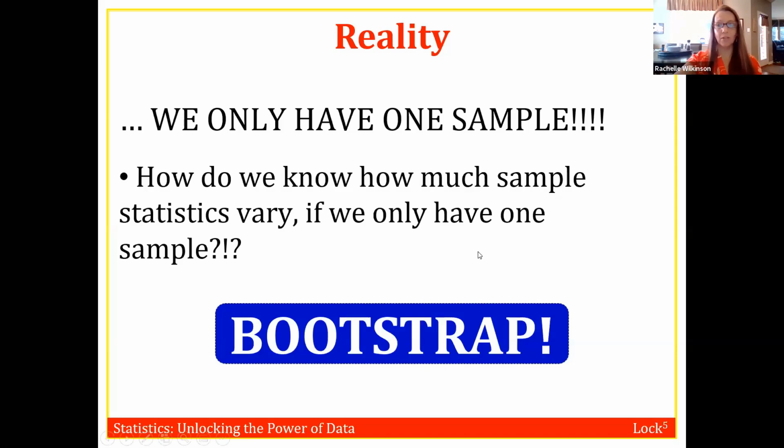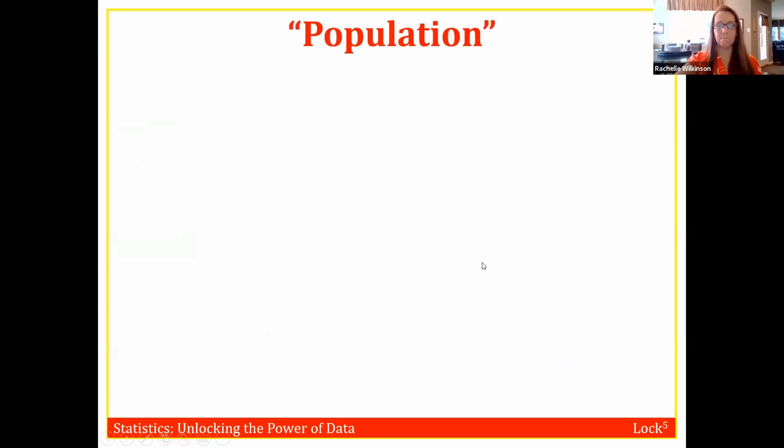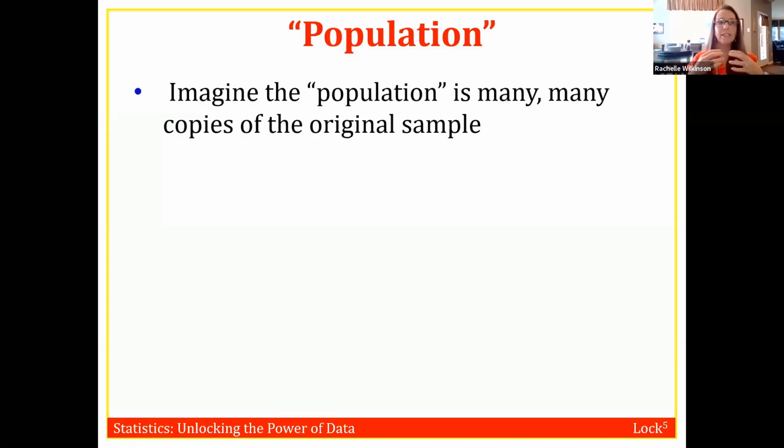So let's talk about the general idea behind what bootstrapping is. Basically, when we take a random sample from the population, if we're using a random method to select that sample, then we're assuming that our sample is representative of the population. You could even think of the sample as being like a mini version of the population.